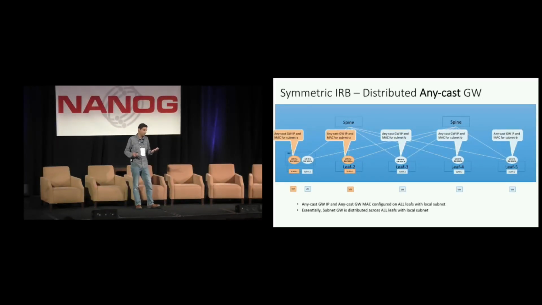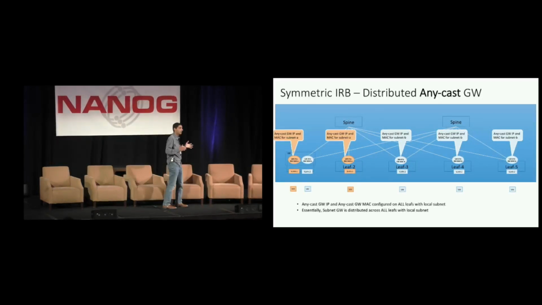So this is accomplished by making this distributed gateway an anycast gateway. Essentially, all the leaves that are part of a distributed gateway or first hop gateway for a given subnet are configured with the exact same MAC and IP for the default gateway. So you can look at it from the host point of view: the gateway for a given subnet or a given VLAN never changes.